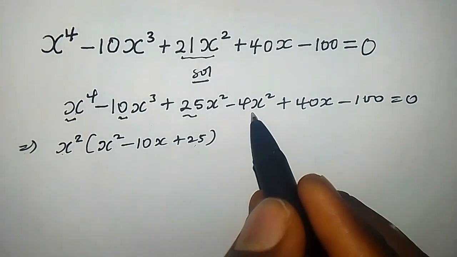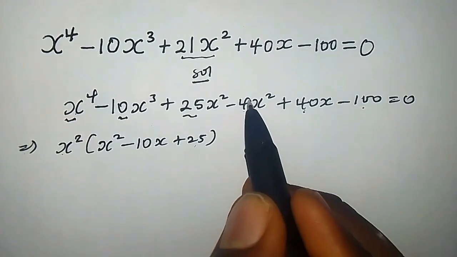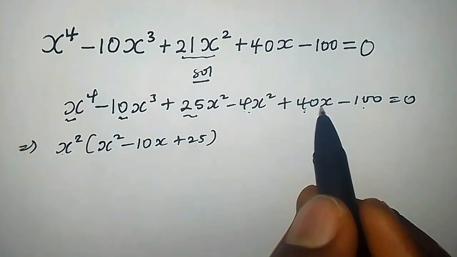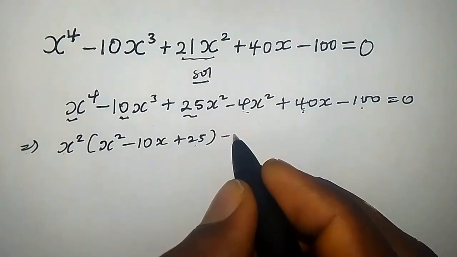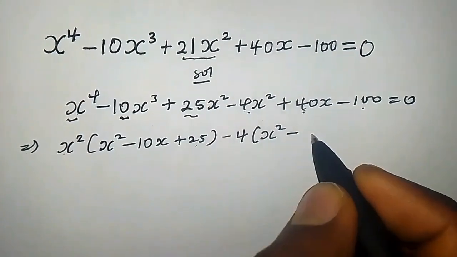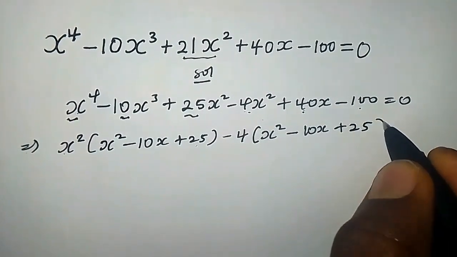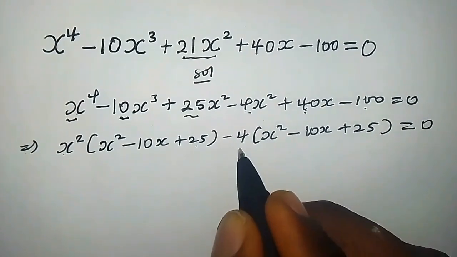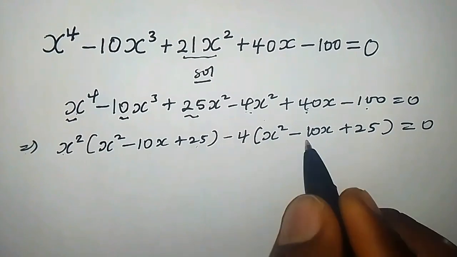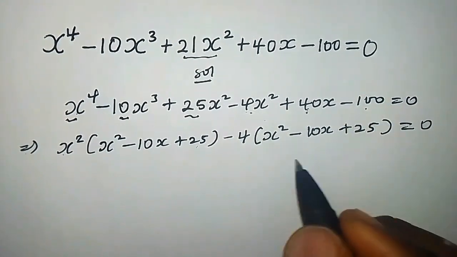Now, let's consider these three terms. We observe that 4 is common, but let's pull out negative 4. So we're going to have minus 4 times x squared minus 10x plus 25, because minus 4 times x squared gives minus 4x squared, and minus 4 times negative 10x gives 40x, and minus 4 times 25 gives minus 100.